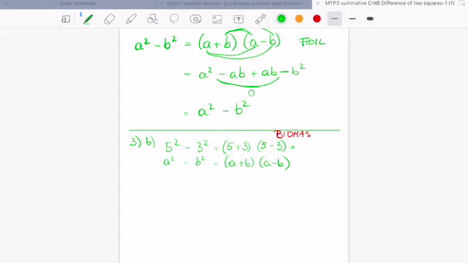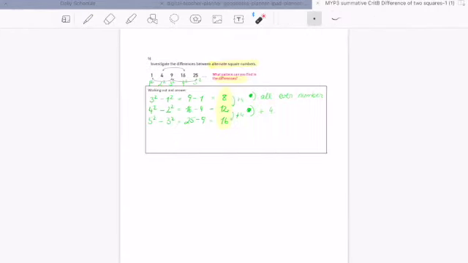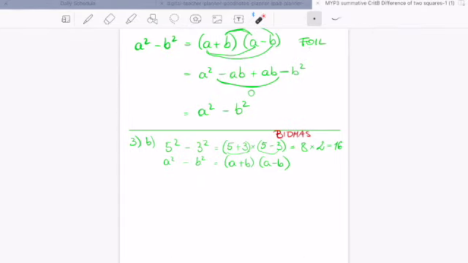So the first bracket first, 5 plus 3 gives us 8. Second bracket next. Don't forget the times in between because there is a times in between here as well. 5 minus 3 gives us 2. 8 times 2 is 16. Going all the way back to check my answer, here I also got 16. So that's verifying my findings.